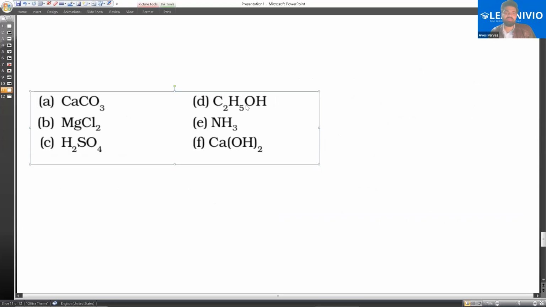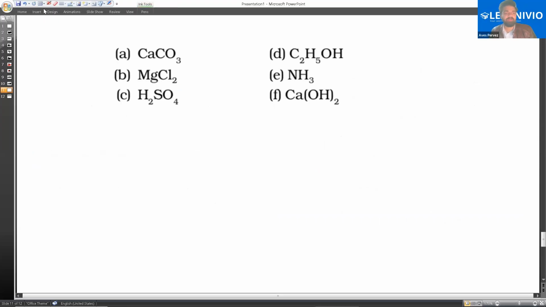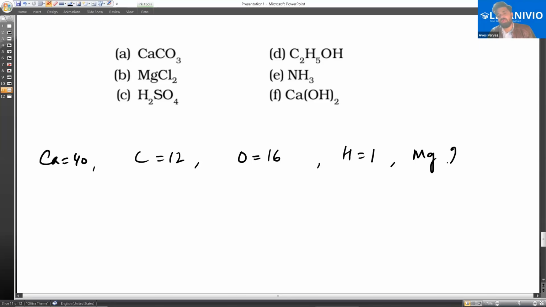I'm writing the masses. Mass of calcium is 40, mass of carbon is 12, mass of one oxygen atom is 16, mass of hydrogen atom is 1, mass of magnesium is 24, nitrogen is 14, sulfur is 32. All the elements that will come here, I write their names and masses.